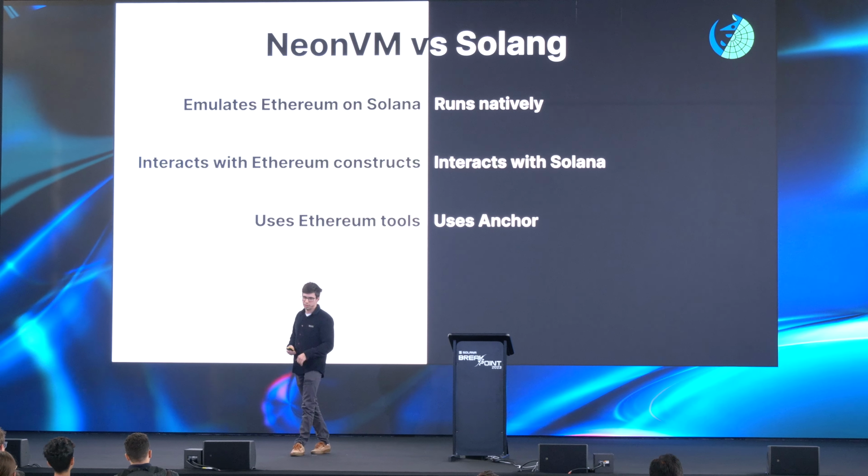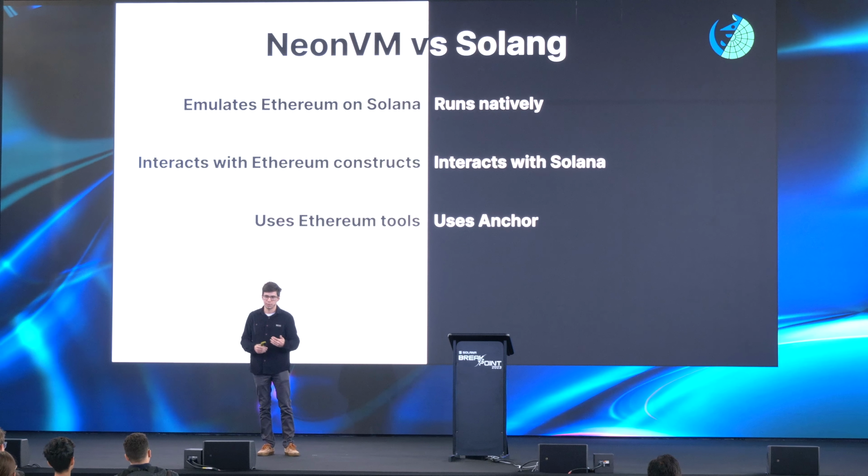So here is a comparison between the solution provided by Neon and the solution for Solang. So Neon VM tries to emulate Ethereum on Solana, while with Solang, you can run natively your contract without any layer of emulation. We really run on Solana. And on Neon, you have to interact with the Ethereum constructs like ERC20 and ERC721. And Solang provides you SPL token, the system program.